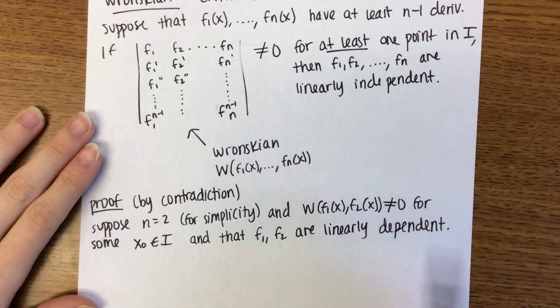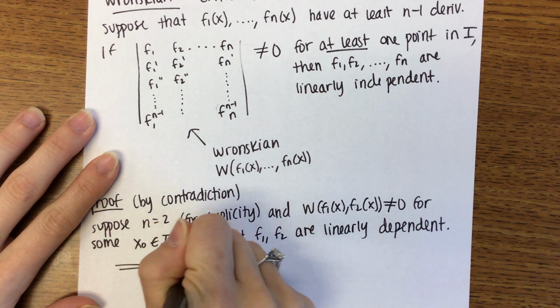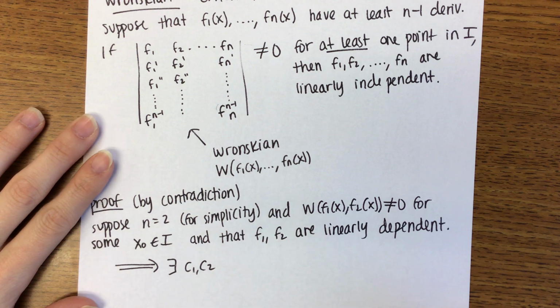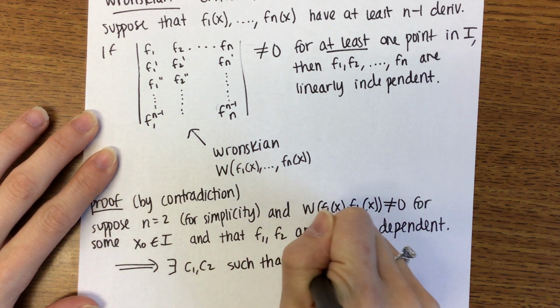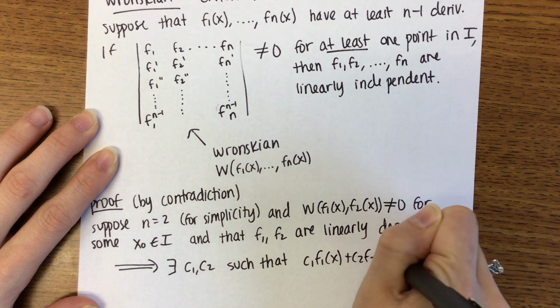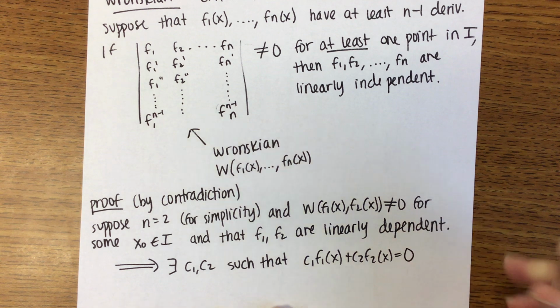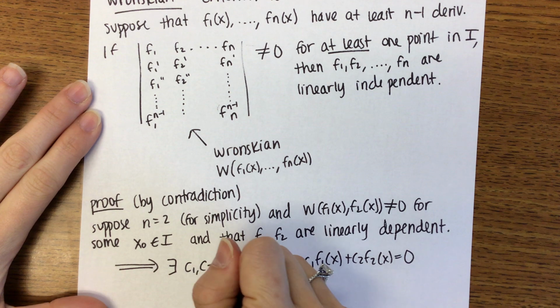Okay, so if our functions are linearly dependent, here's what that means. There exist some C1 and C2 such that C1 f1 of x plus C2 f2 of x equals 0. Now we're going to take the derivative.